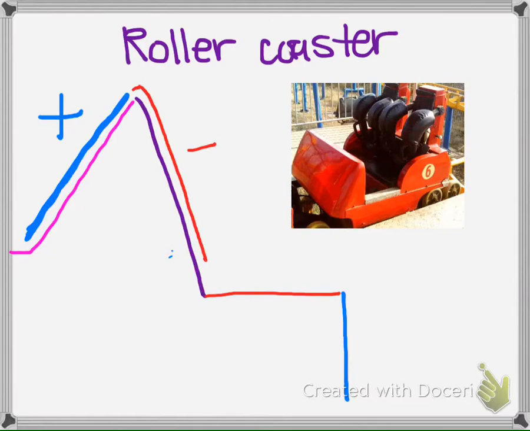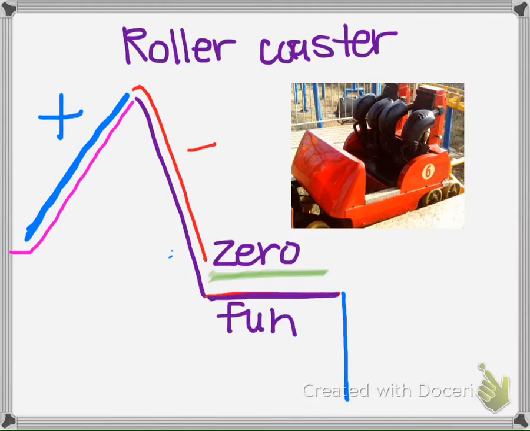And then here, we're just cruising along. We're having zero fun right here. So the slope of a horizontal line is zero, because we're having zero fun, if we want to think of it in the context of a roller coaster.